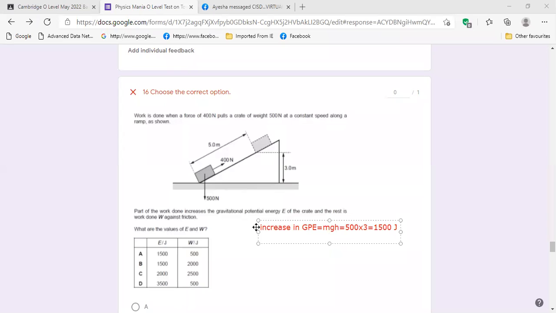And next one, we are seeing that they are saying W, which is work done against friction.